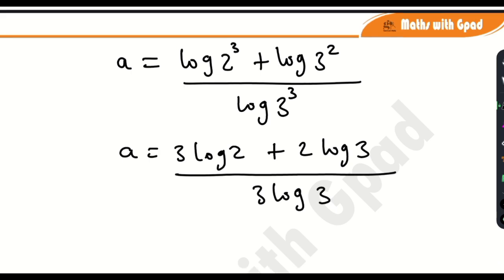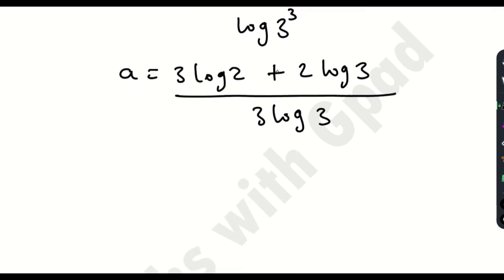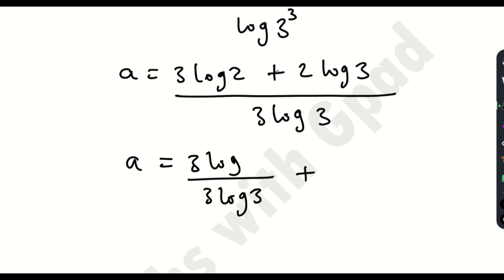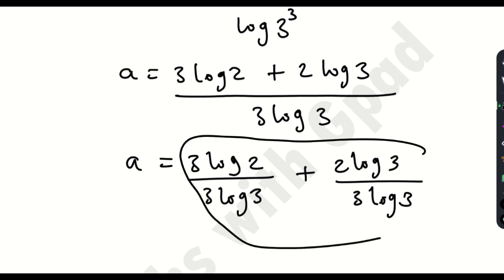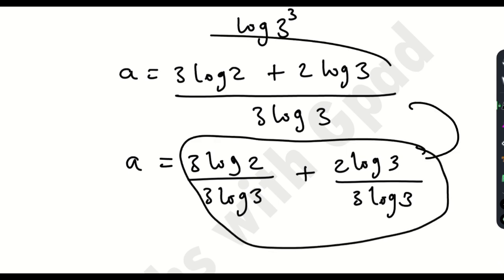Now what I can do next is to split this like this. There's going to be 3 log 2 over 3 log 3 plus 2 log 3 over 3 log 3. I haven't changed anything because if you add these two fractions together, you're going to have this as well. So nothing has changed.